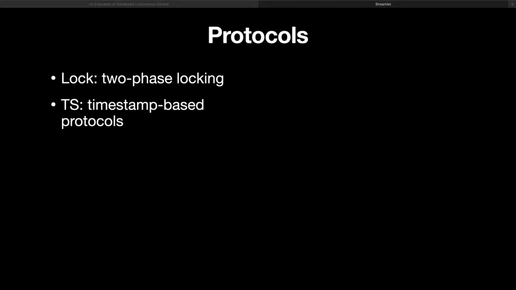Then the second category is the timestamp-based protocols, where the transactions are serialized based on the timestamps allotted to those transactions. Then another category is multi-version concurrency control, where you maintain several snapshots of the data records.